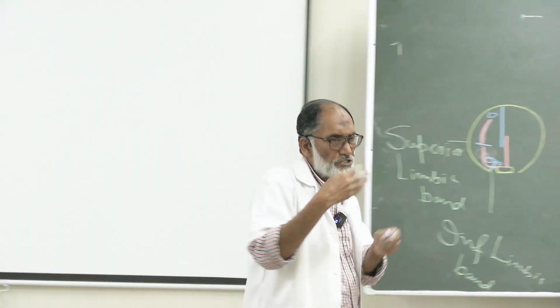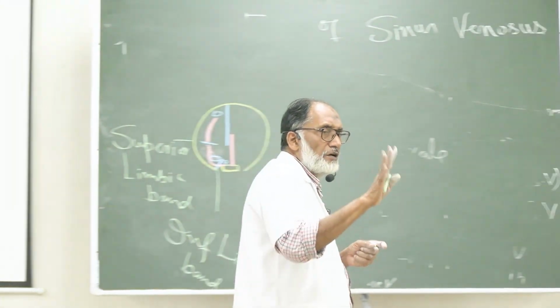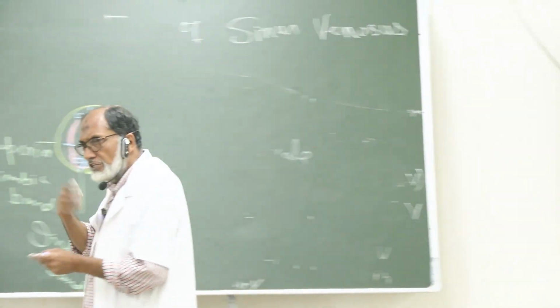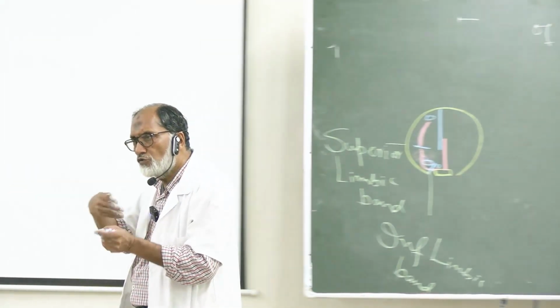Between this smooth part and rough part, there is a ridge. It will be asked in your exam. It is very important from your examination point of view, the interior of the right atrium. If you see the interior of the right atrium, there is a rough part and a smooth part, and between these two parts there is a partition. That is called the crista terminalis.